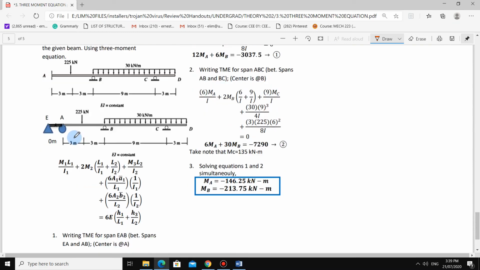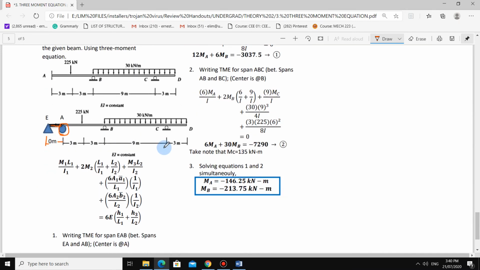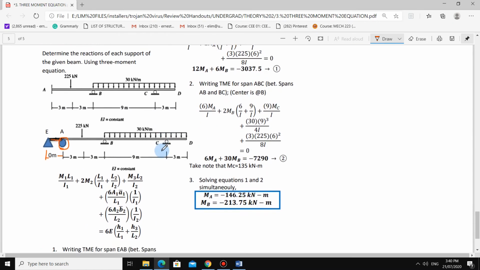The first step, guys, is again to make an equivalent beam. So at A, what do we do? You make it a roller support, then extend it, then put an adjacent hinge support with 0 length. Okay? So 0 length there. What we will do, guys, is the same as in example 1.